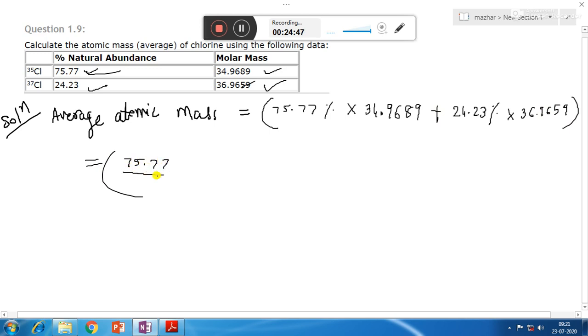Now in order to remove the percentage sign we have to divide it by 100 into 34.9689, then plus 24.23. Now here also, in order to remove the percentage sign, we have to divide by 100 into 36.9659.